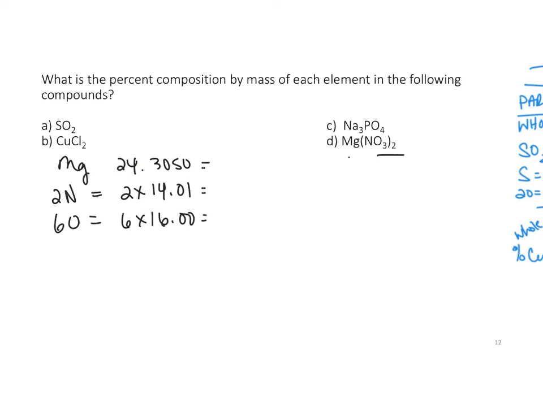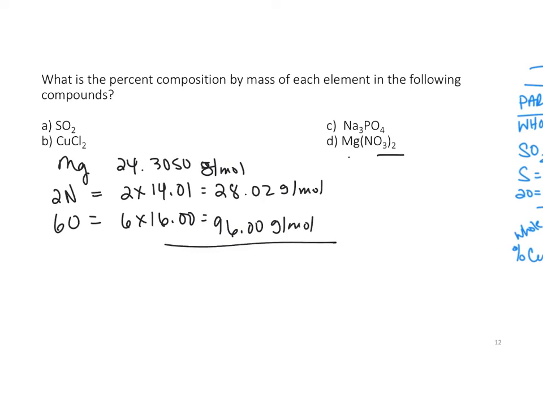We're going to add these all up. 2 times 14.01 is 28.02 grams per mole. This is grams per mole for magnesium. And then 6 times 16 is 96.00 grams per mole for oxygen.